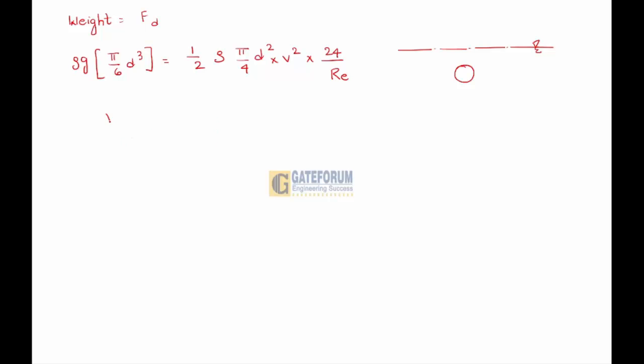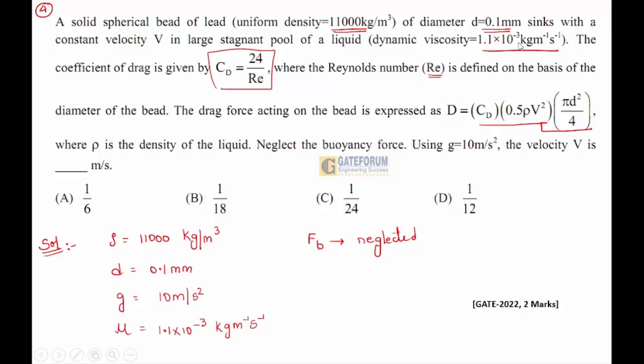That is V equal to rho g d square by 18 mu you will be getting. Rho g d square by 18 mu, here it is mu, right? On solving the above equation, substitute here 11,000 into 9.81 into 0.1 square by 18 into 1.1 into 10 power minus 3, because he has given 1.1 into 10 power minus 3.